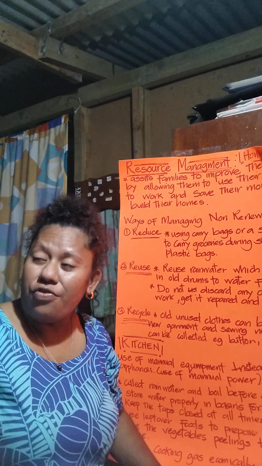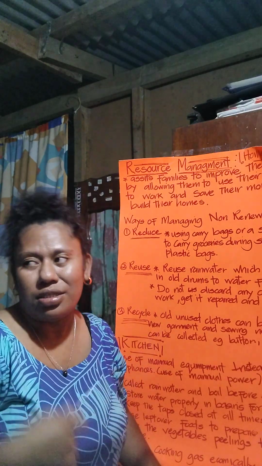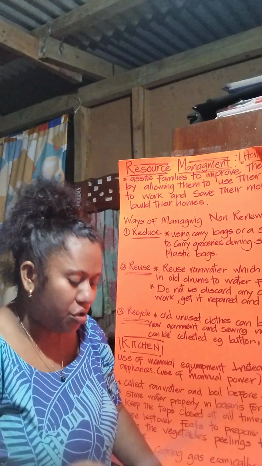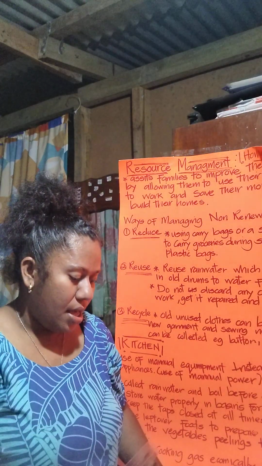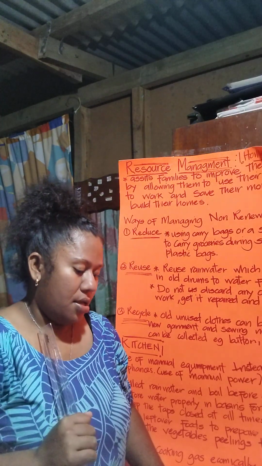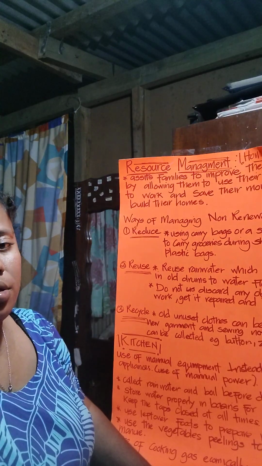Okay, if you were born in the village, you know very well you can use firewood instead of kerosene. You can use the vegetable peelings to produce compost for your vegetable garden, and we can store water in the basins. Okay, now we'll move on to car use.